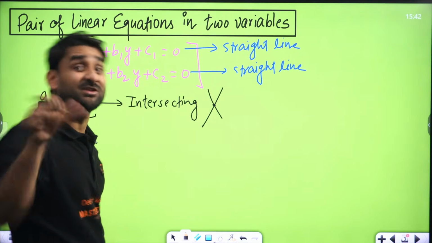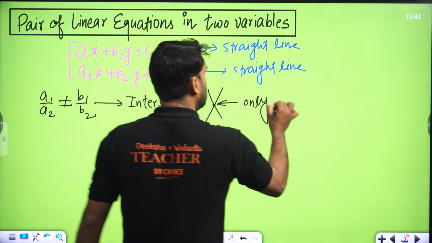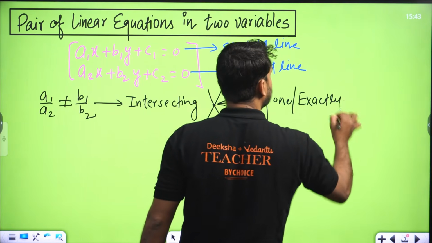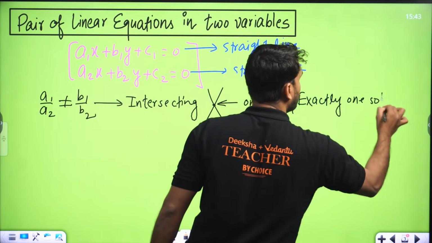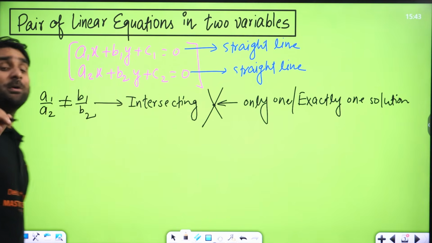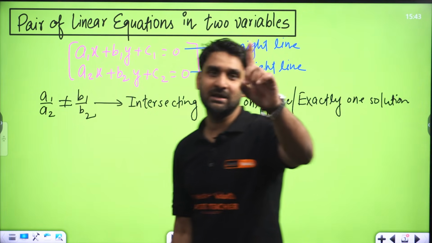The number of x and y which satisfy both the equations: only one solution, or we can say exactly one solution. So when two linear equations intersect each other on the graph, there will be exactly one solution.